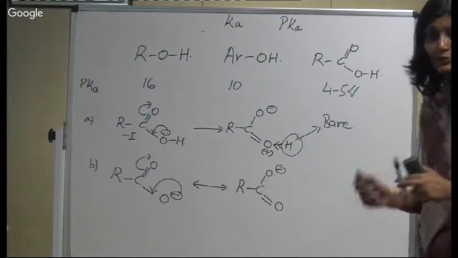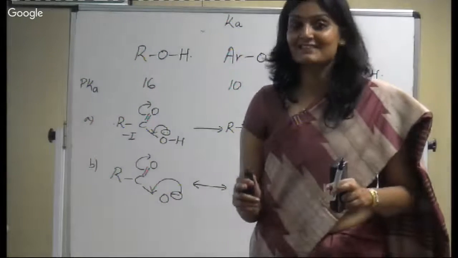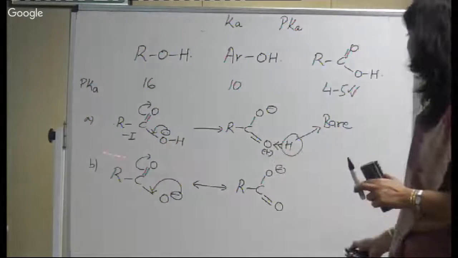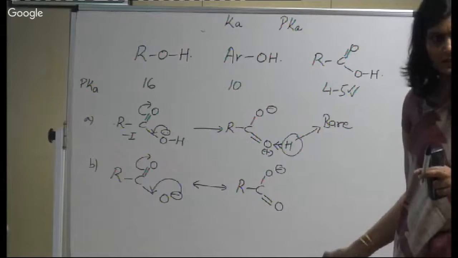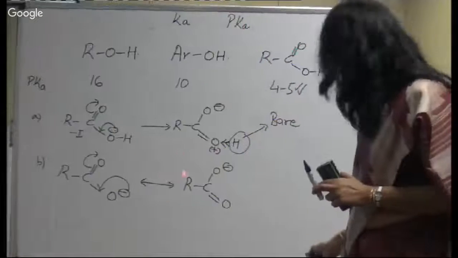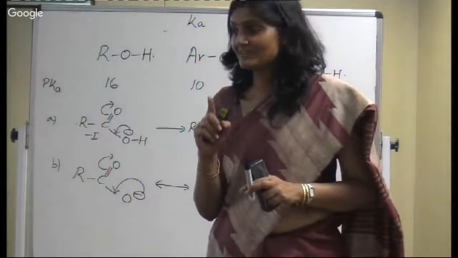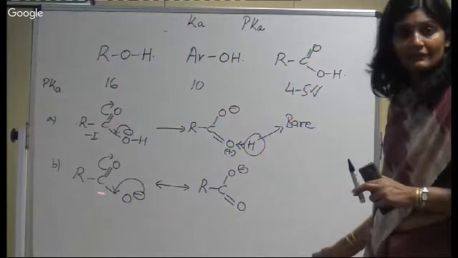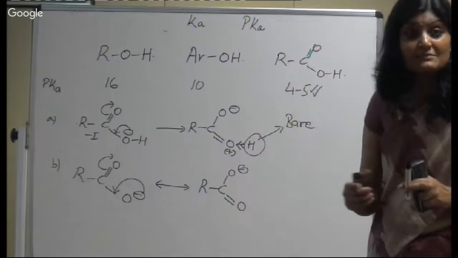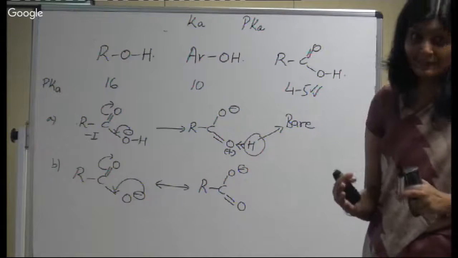Okay, those canonical forms where you have charge separation are not highly stable. Whereas in case of the carboxylate ion, there is no charge separation. You have a uninegative charge here. Okay, so plus very importantly, you have two similar canonical forms. The two canonical forms are exactly the same, right? Which is responsible for the increased stability of the carboxylate ion.